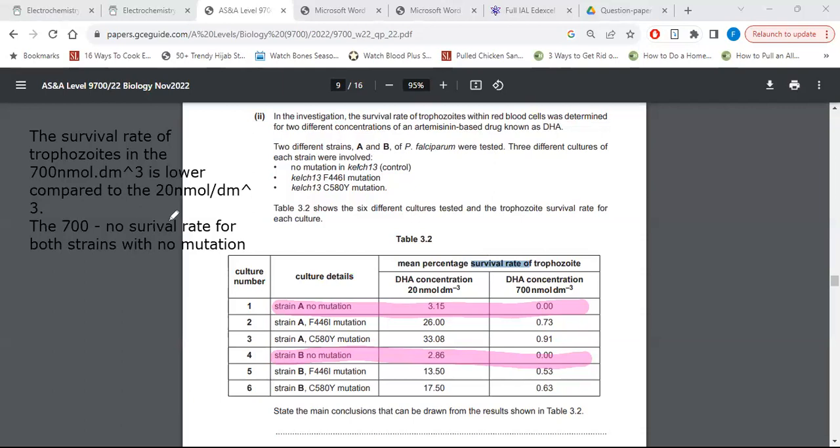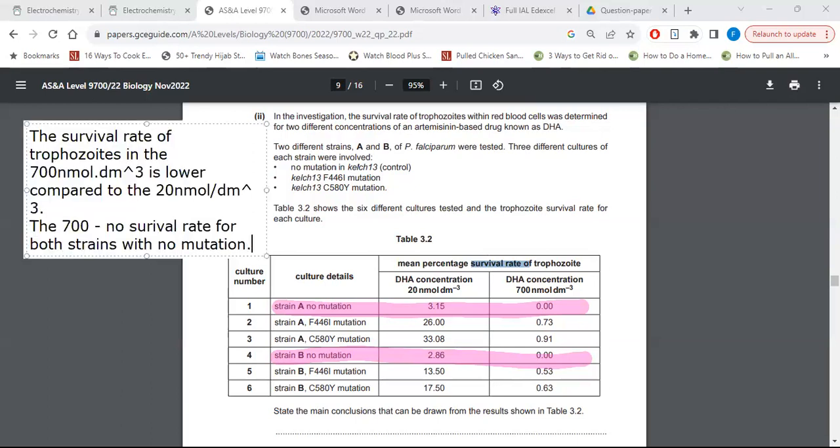Then we can start talking about the mutations one by one. So if I talk about the mutations one by one, what am I going to say? Let's start with our strain A F4461 mutation.